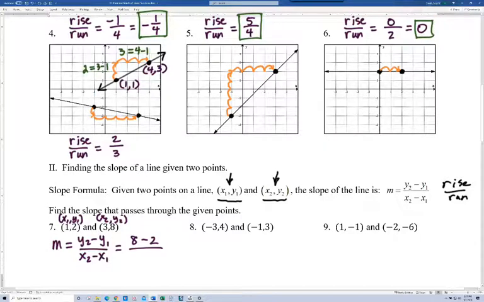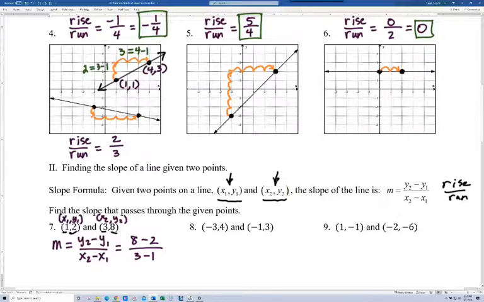So we're just subtracting the y values of the 2 points. And then we're going to subtract x sub 2, which is 3, minus the x value of the first point, which is 1. Now notice we always start at the same point. We did 8 minus 2, and then 3 minus 1. So you need to make sure you're starting at the same point.